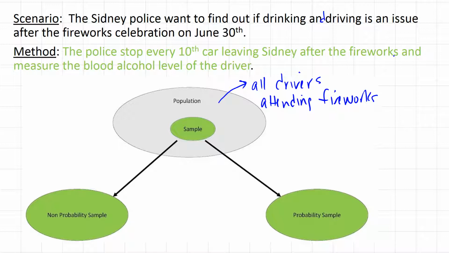The sample is every 10th car leaving Sydney. So they're not checking every car, they're only checking every 10th car. It is a random sample, so it is a probability sample. It's random and it's a simple random sample.